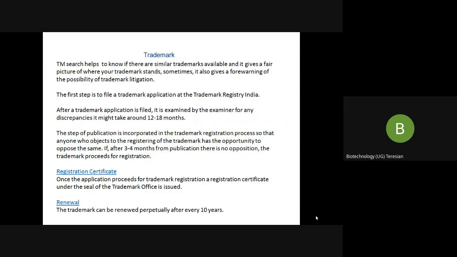So trademark, as we have already spoken, you have what is called a trademark search, which helps to know if there is a similar trademark available, and it gives a fair picture of whether your trademark stands.